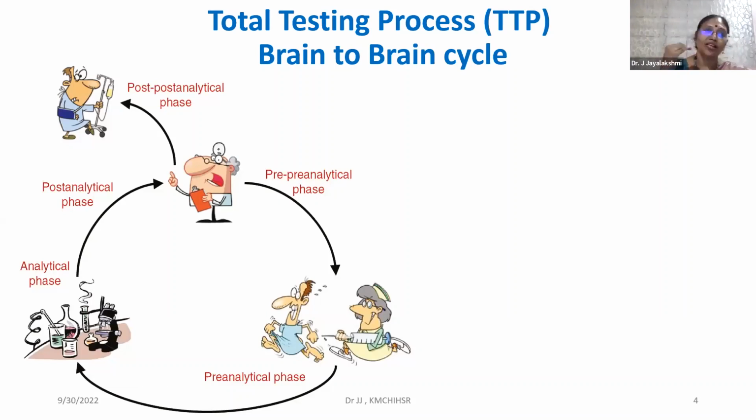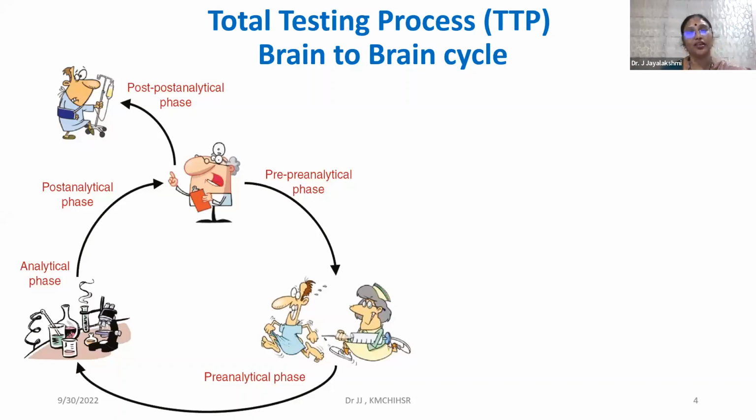Now, in all of these, there are multiple processes. Somebody is making a decision, somebody is sending a test, filling the test request form, asking for a sample, choosing a particular container, collecting the sample. So there is another person to collect the sample, and then labeling the samples appropriately, of course, and then packing them as required, transport the sample, then it gets accepted at the laboratory, then gets into pre-preparation, and then the testing.